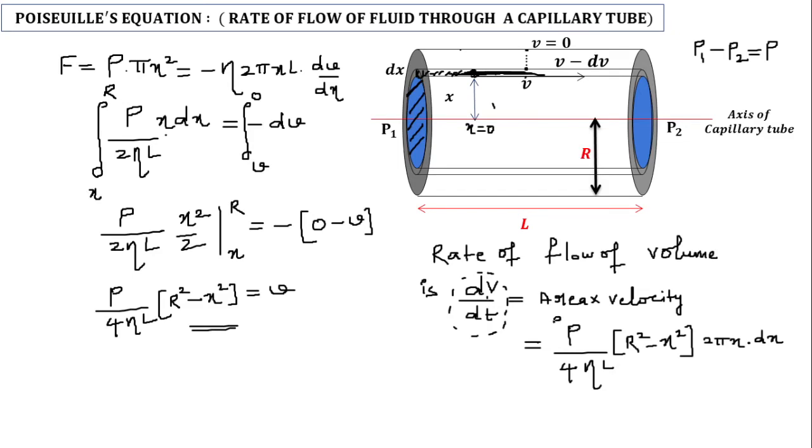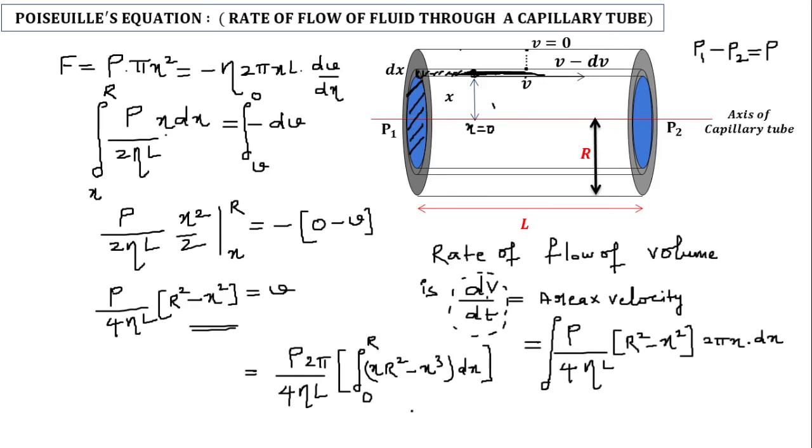So on integrating this, you will actually get the complete rate of flow throughout the capillary tube. So let's do the integration. You have P upon 4 eta L as constant, and also there is a 2 pi. So what is left here is integration of x R square minus x cube into dx, and the limits are from 0 to capital R. So let's do this.